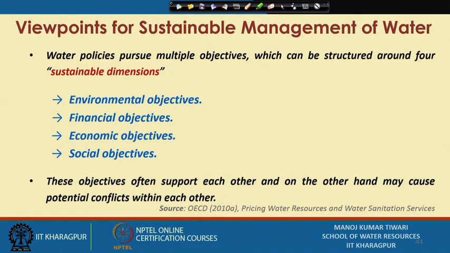Okay. For example, if you are trying to make a policy, let us say you are having a transboundary river, this much of water is to be taken up, this is to be sent for irrigation, this much of water is to be sent for the industrial applications, this much of water would be for domestic application.